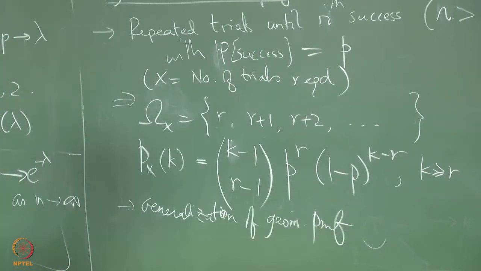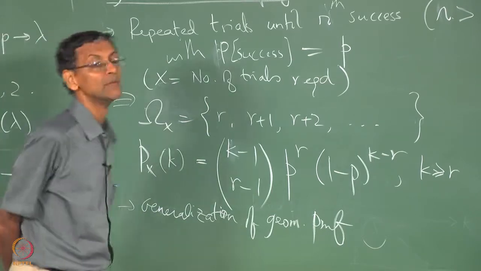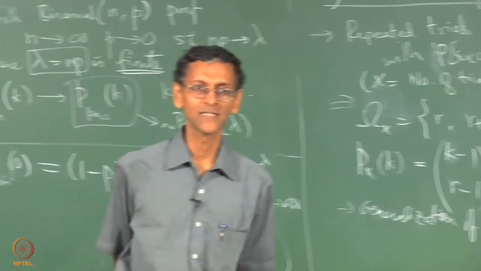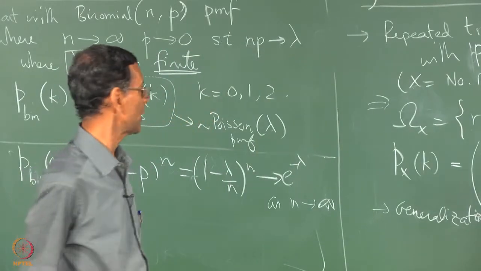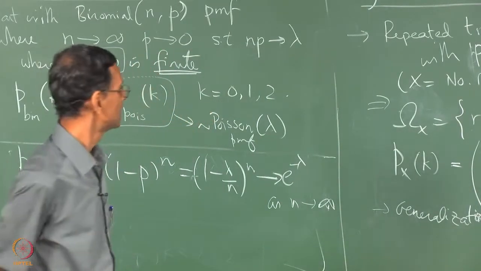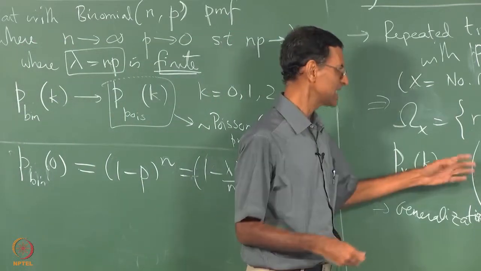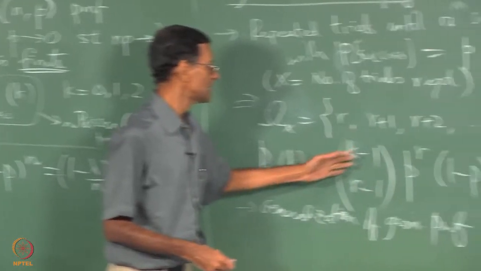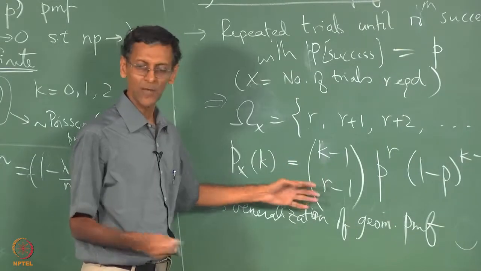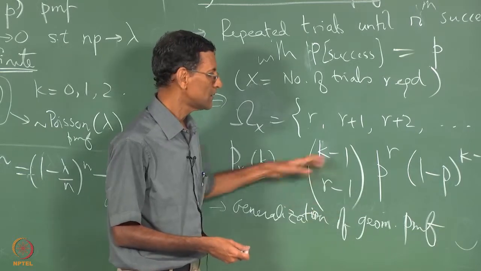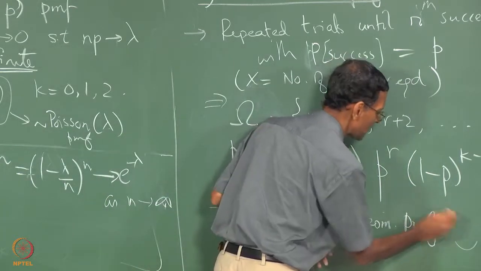And to show that in general this adds to unity is not that simple, you can go try it at home. I will just hint at what you have to do for r equal to 2, right. For r equal to 1 we have already seen, you have geometric. What happens when you set r equal to 1? You have to get back the geometric PMF.